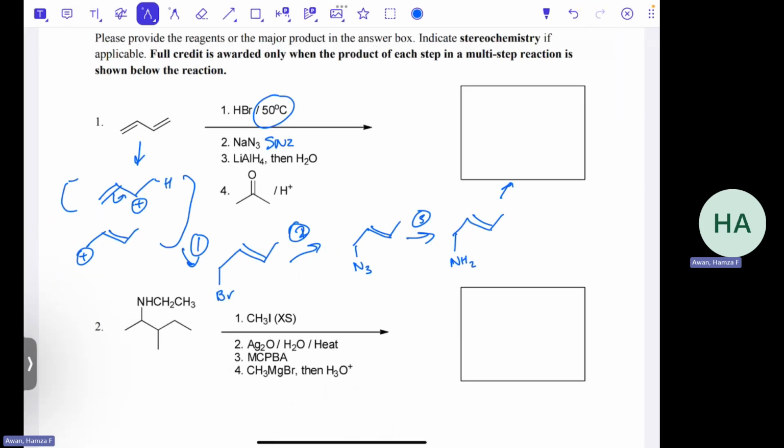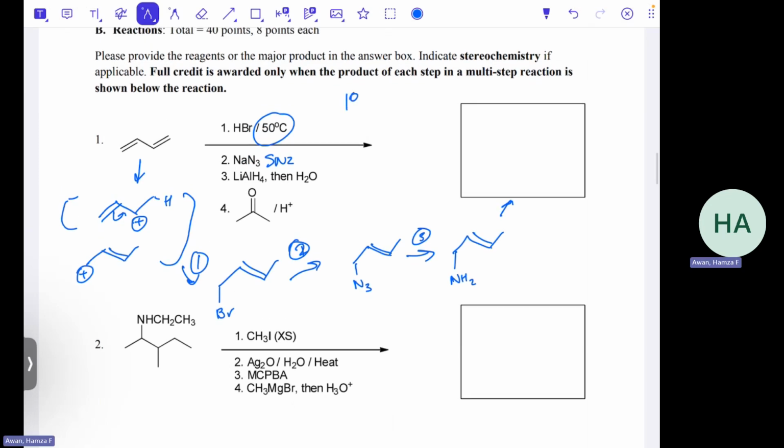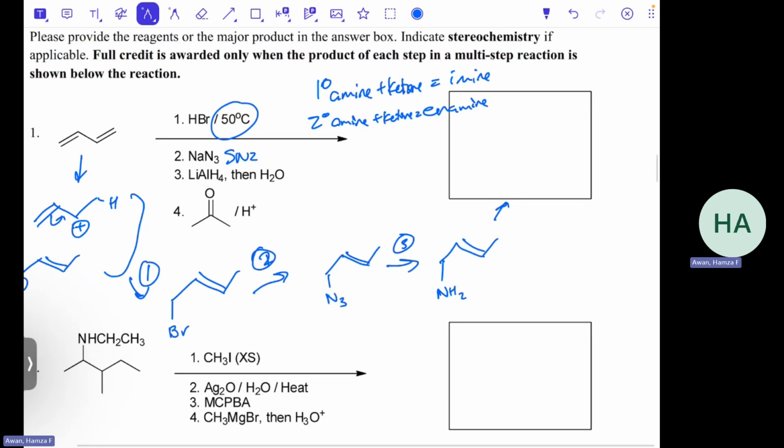So because we have a primary amine, this is going to form an imine. So amine plus ketone, and then secondary, enamine.